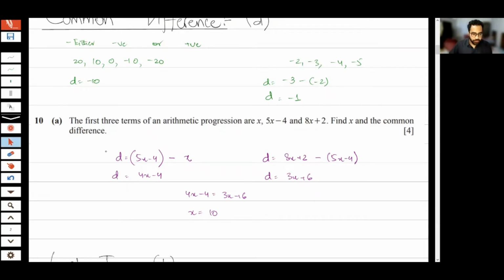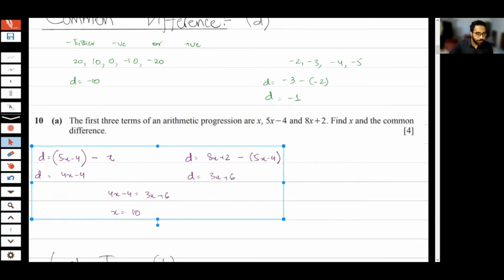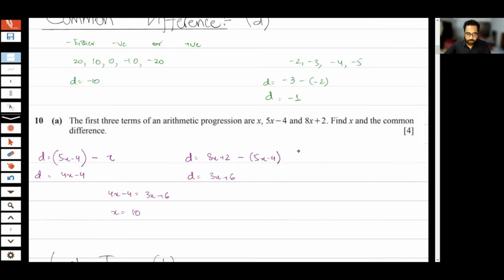ओके, so I will just move this to the side. ठीक है, तो कलर चेंज कर लें. तो मेरे पास जो फर्स्ट टर्म है that is x, my second term is 5x minus 4. तो 5x minus 4 की जगह 50 minus 4, which is equal to 46. My third term is 8x plus 2.